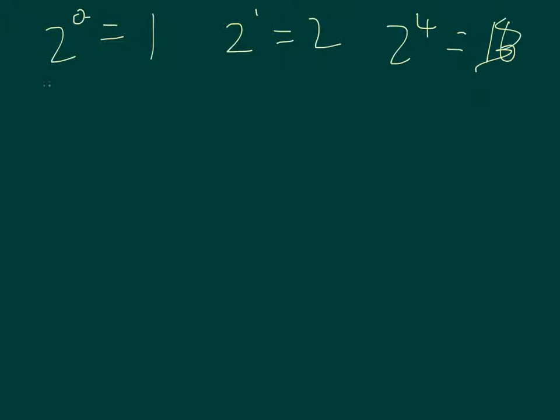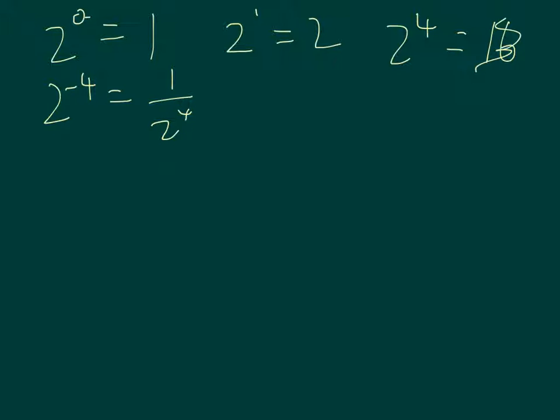So far then, we've made sense of all positive numbers, all negative numbers, also 1 and 0. So 2 to the power 0 equals 1, 2 to the power 1 equals 2, 2 to the power 4 actually is 16. I'm not that bothered about that though. And 2 to the power minus 4 equals 1 over 2 to the power 4.